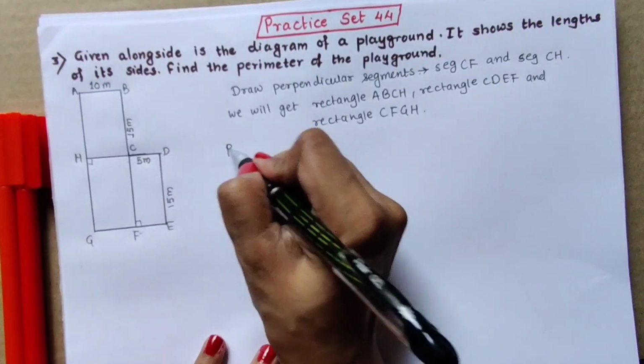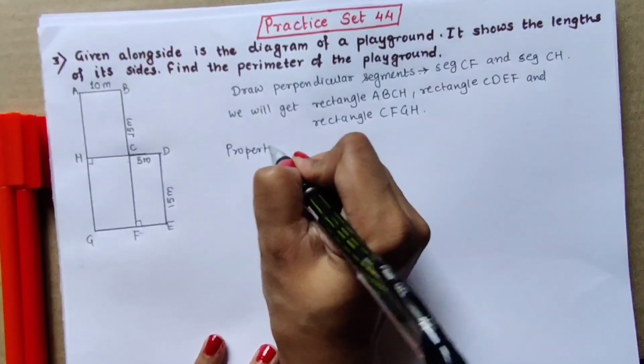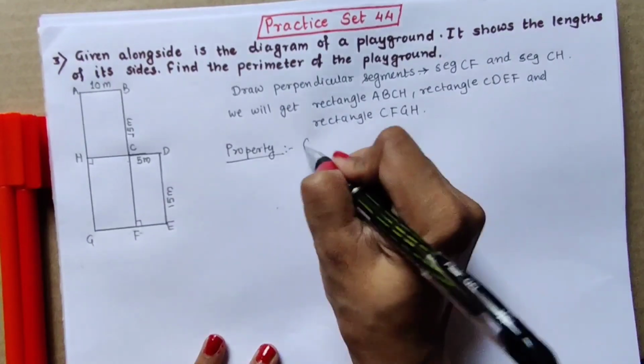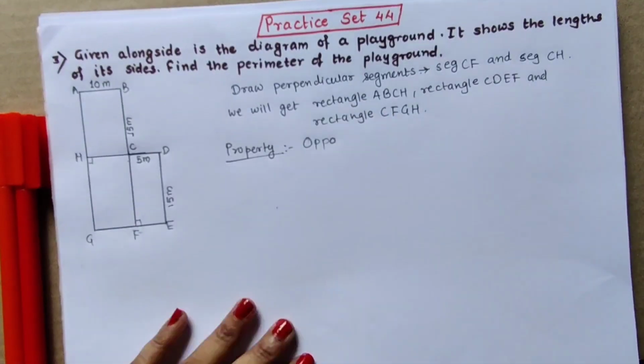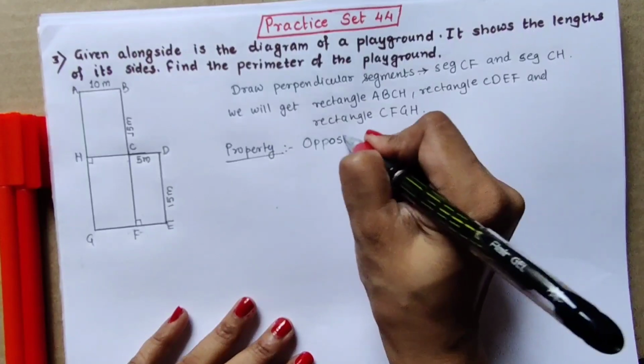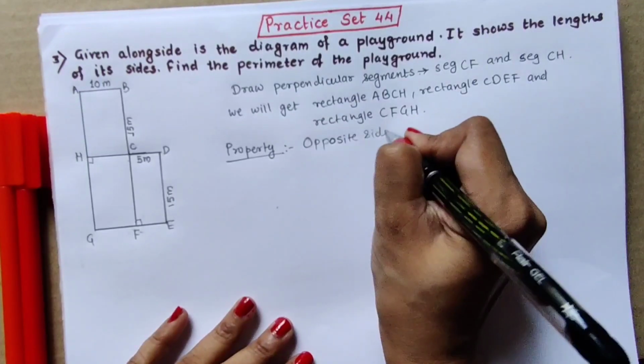What is the property of a rectangle? The property of a rectangle is that opposite sides of a rectangle are congruent. So write here: opposite sides.